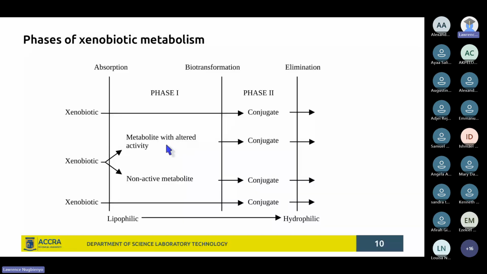And these things do happen. So we'll see some examples, and you have these metabolites then go through the phase 2 reaction, which is conjugation, bind to some endogenous compound, and then they can get excreted out of the body. So you can have these three different things that happen.